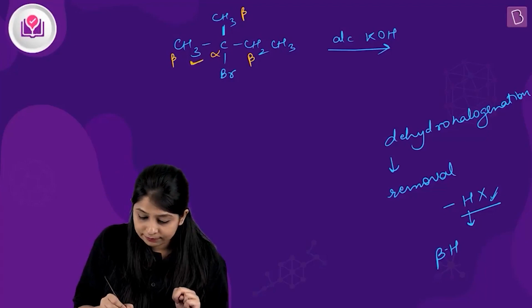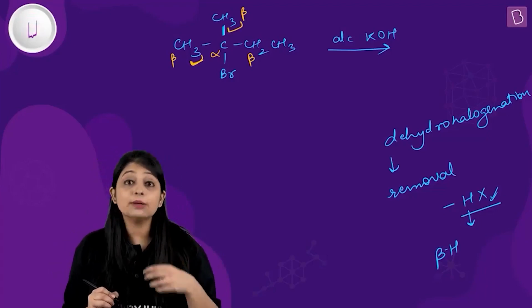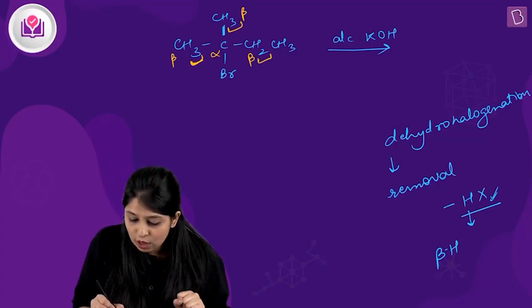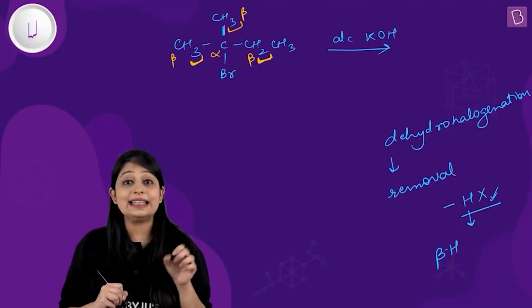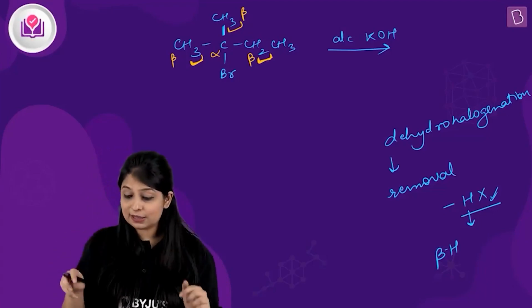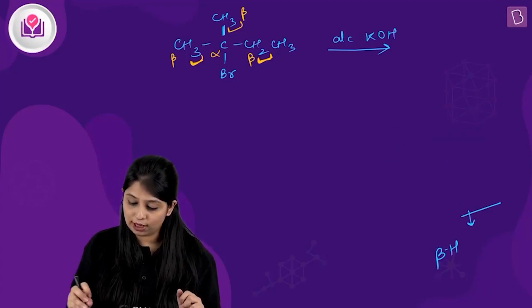These 6 atoms combine and give one type of beta hydrogen, and these 2 hydrogens are another type of beta hydrogen. So that's why it leads to 2 types of products.